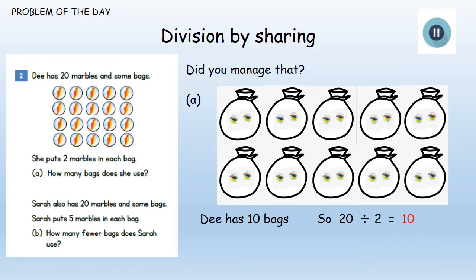If you have a look on the right, I've divided the marbles 2 into each bag, and I needed to use 10 bags. So D has 10 bags. And if you wrote a division sum for that, it would be 20 divided by 2 equals 10. Did you get that part right?